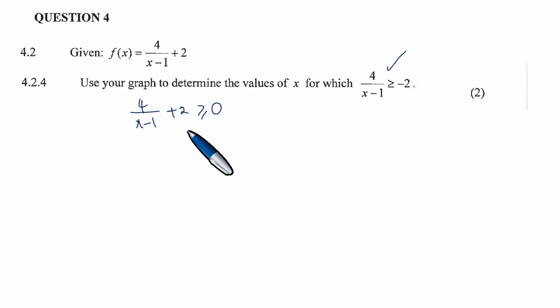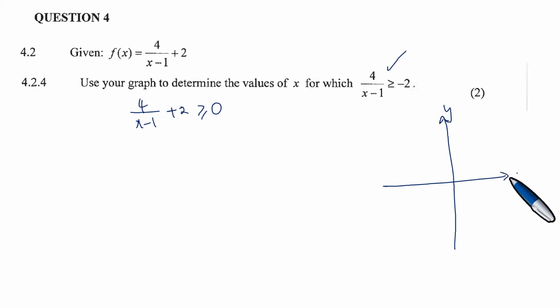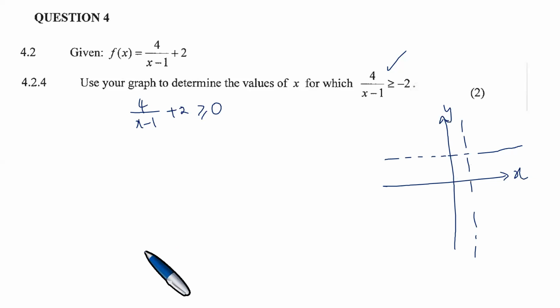What is this? Okay, you have to remember the graph a little bit. So the graph is like this. Y-axis and the x. So you have this, you have that.